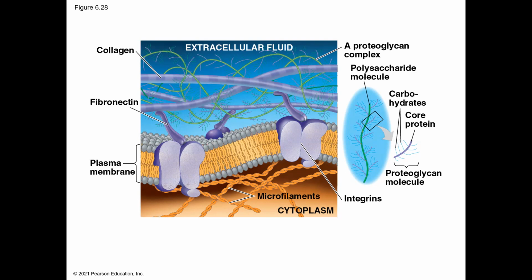This image here is showing you the plasma membrane, the fluid mosaic model, and the extracellular matrix, which contains collagen fibers, fibronectin, and other proteoglycan carbohydrates and proteins.